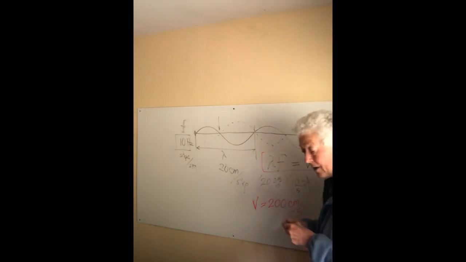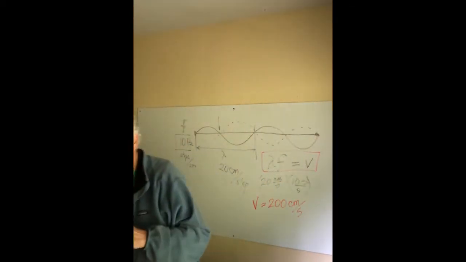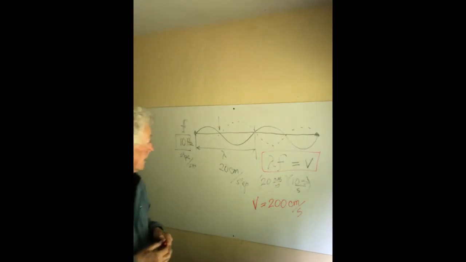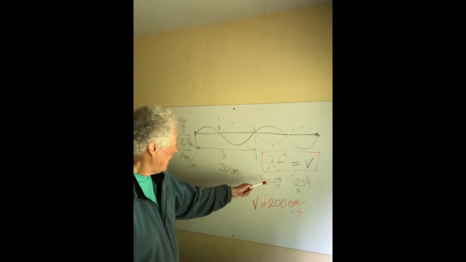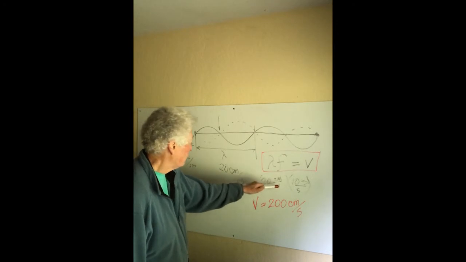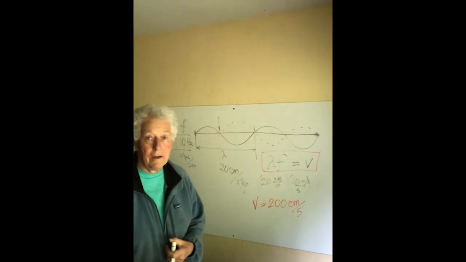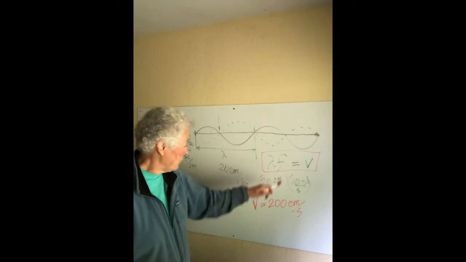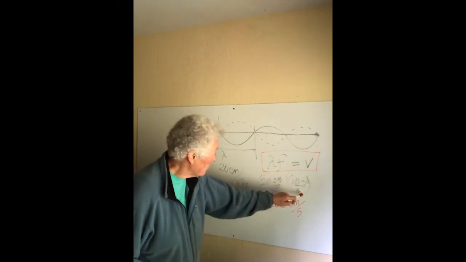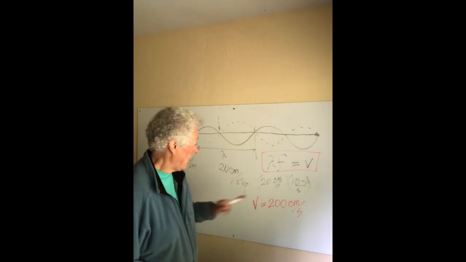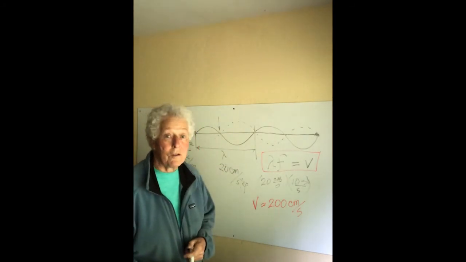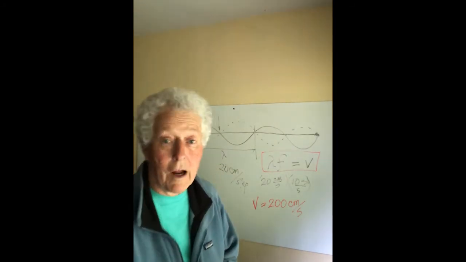And if I can get you to remember to put units on everything you do, then you've got 20 centimeters per step and 10 steps per second, and the combination of those two gives you centimeters per second. And that's the speed. So wavelength times frequency is speed. Okay, that's a good start on this one.